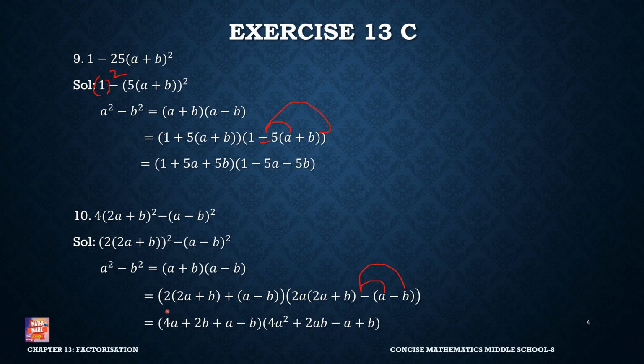Here also I'm multiplying this 2 with 2a, and this 2 is multiplied with b. Here 2a is multiplied with 2a, 2a is multiplied with plus b. So when you multiply it, this is what we get. Right, here 2b minus b, so it becomes b, and here 4a plus a will be 5a.